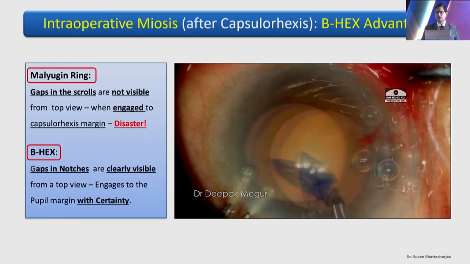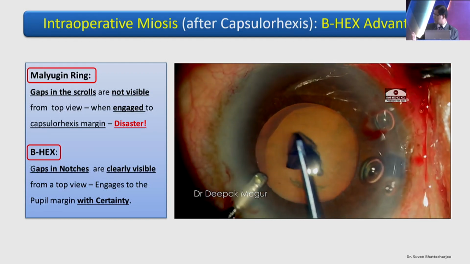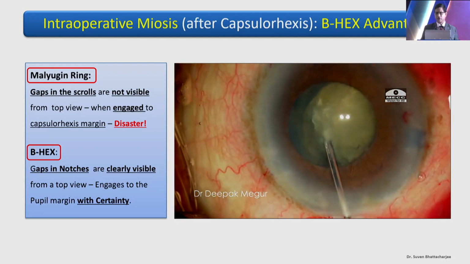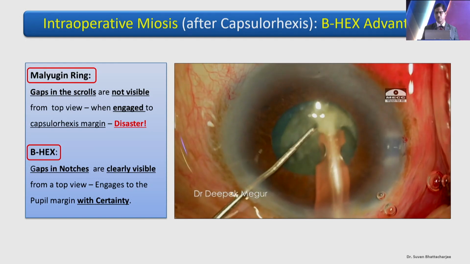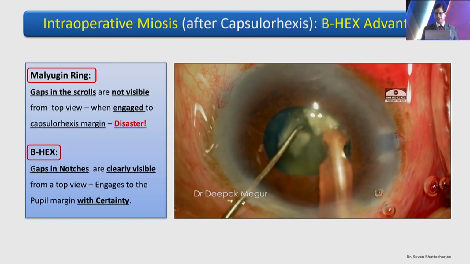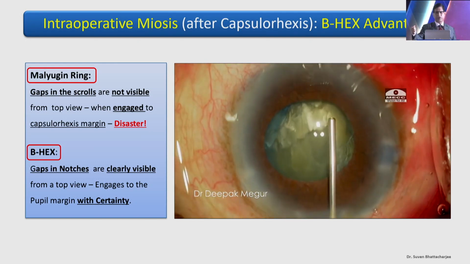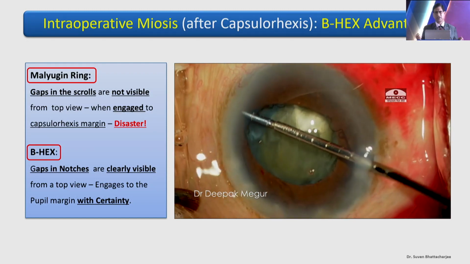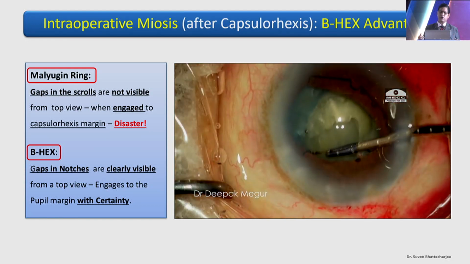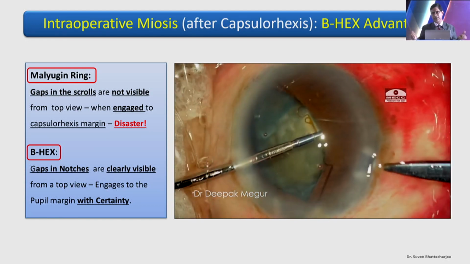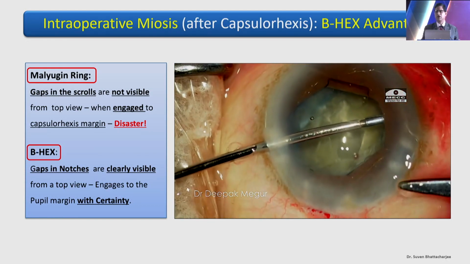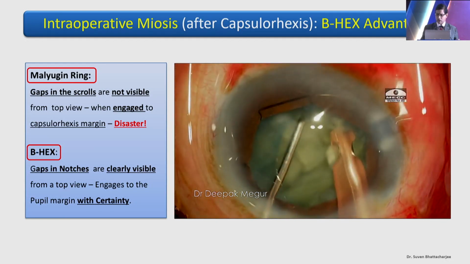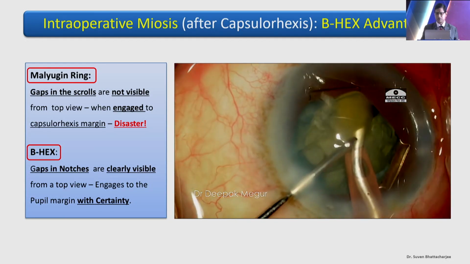For intraoperative meiosis, the advantage with the BHEX is that you can have instant confirmation as you tuck those flanges. You carry it to the periphery and you have instant confirmation whether you engage the capsulorhexis or not, because the notches are entirely visible. With the Mulligan ring or other devices where the engaging part is on the sides, you cannot have direct visibility whether you are engaging the capsulorhexis margin or not.